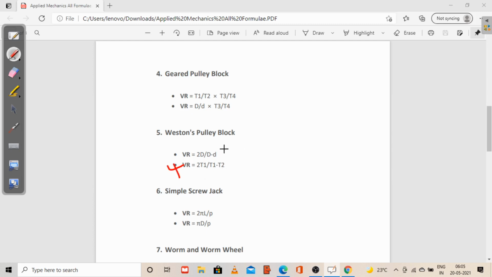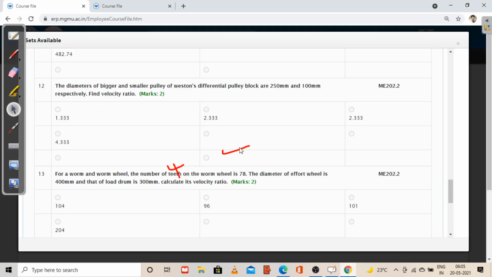They have given just the diameters, that is the diameter of the bigger pulley and the smaller pulley. So 2D upon D minus d we have to take here. Velocity ratio is 2D upon D minus d.